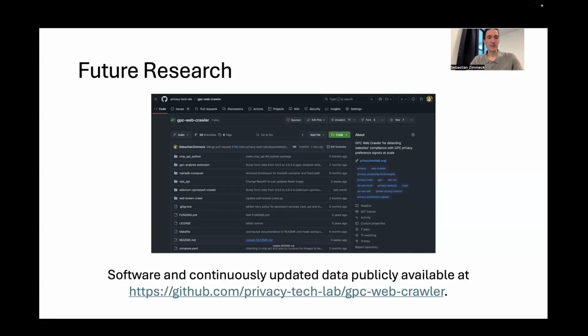So the paper is about California with 3 data points from December 2023 until April 2024. But we also have now data for later parts of 2024 as well as for 2025. And we will also make data available for additional states. So you can go here to this URL and get our software and get the data for you to analyze.